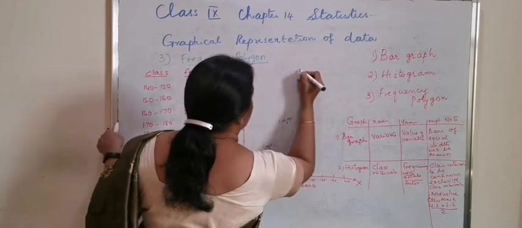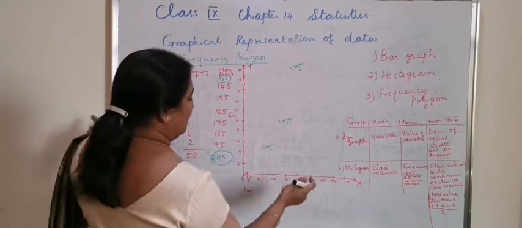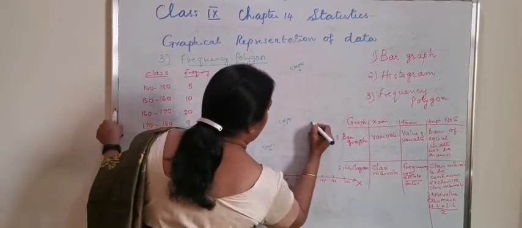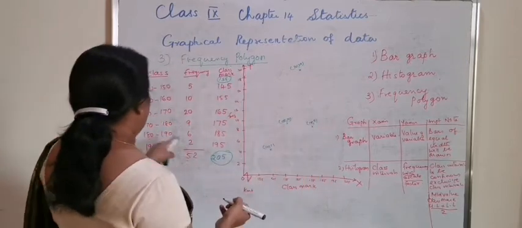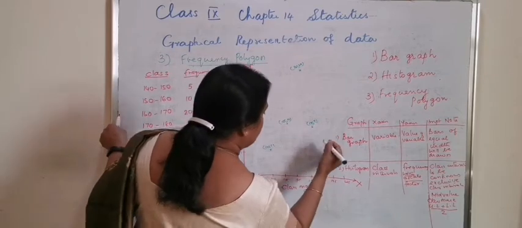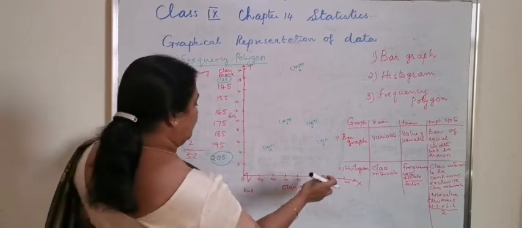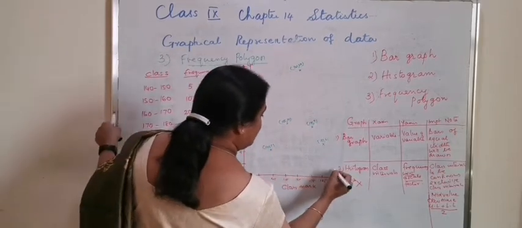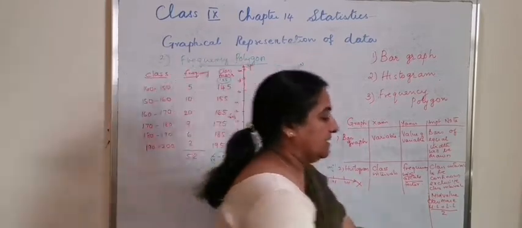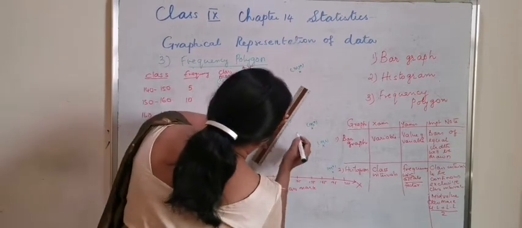Then 175 with 9, 185, 6, and 195, 2. And by using a scale, you will join these points.